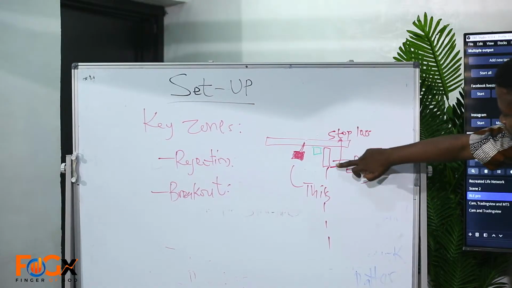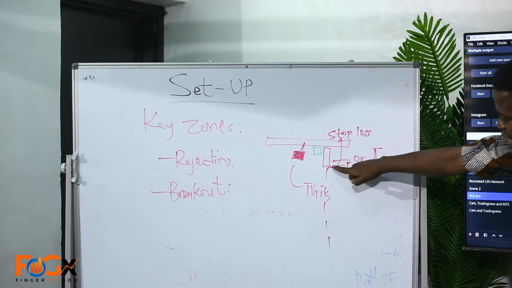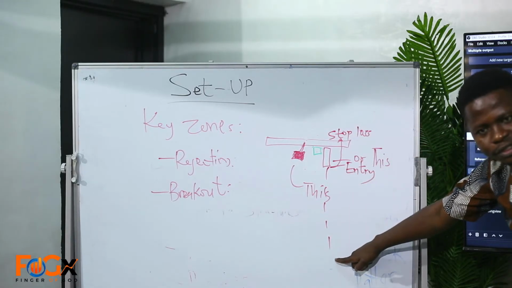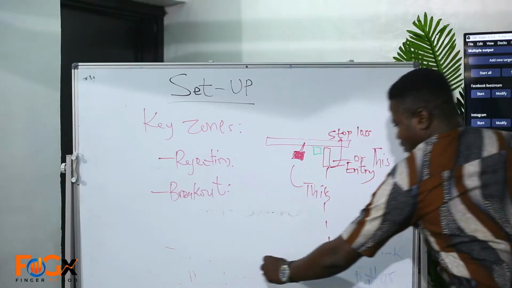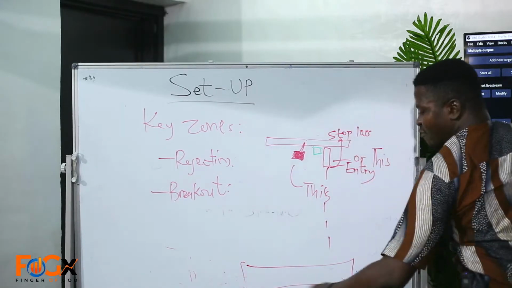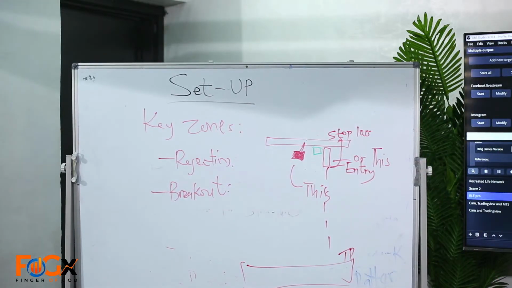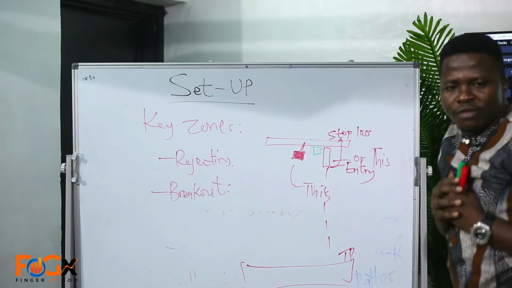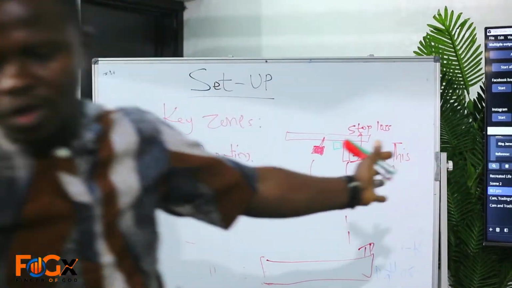Your stop loss is from here to here. If price starts going back, it stops you out. If price is going, it gives you more profits. So your TP will be the next key zone that you have marked. Without emotion, without panic, without struggle, you will be making some decent stuff from the market.